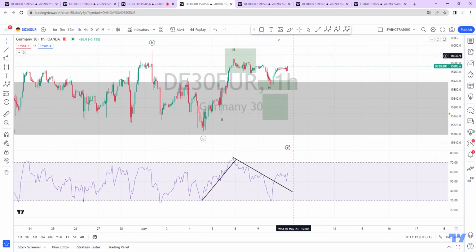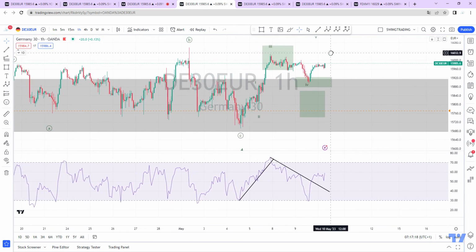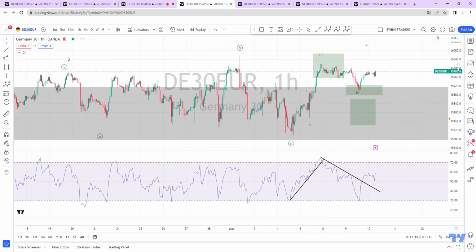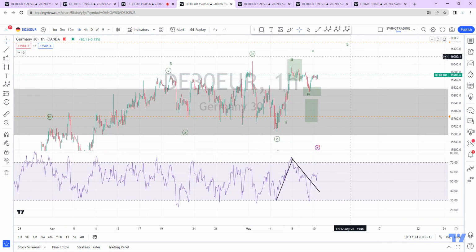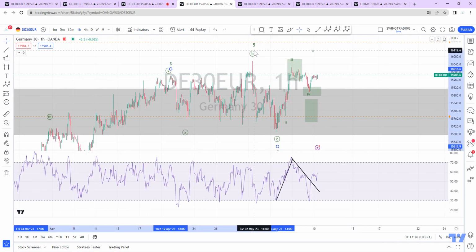And if we look at the 1 hour, then this here would be the 5. I think this is too short for a wave 5, and this also does not really look like an impulse. This is rather a corrective structure to me.